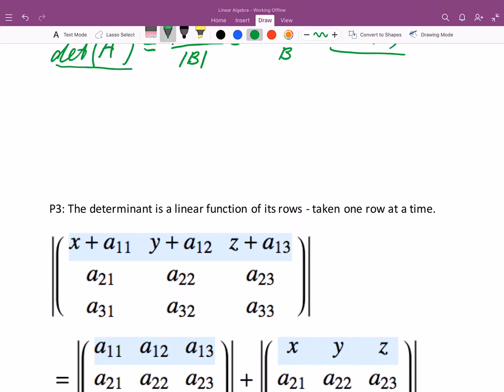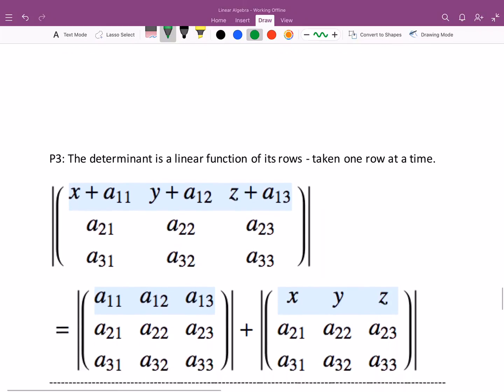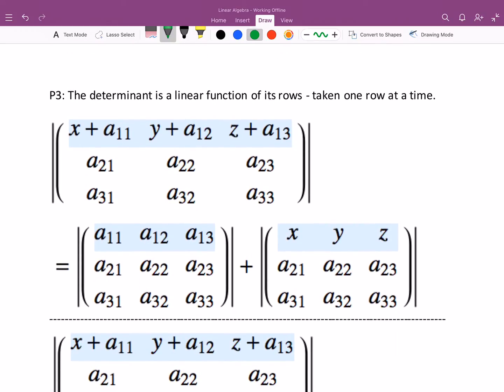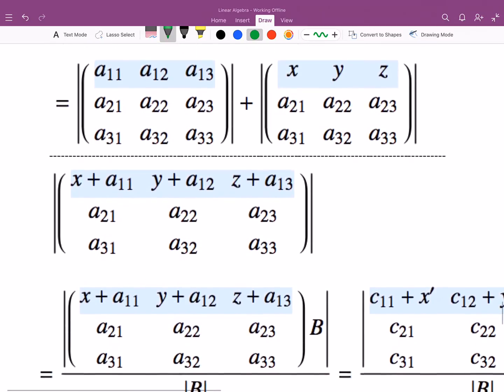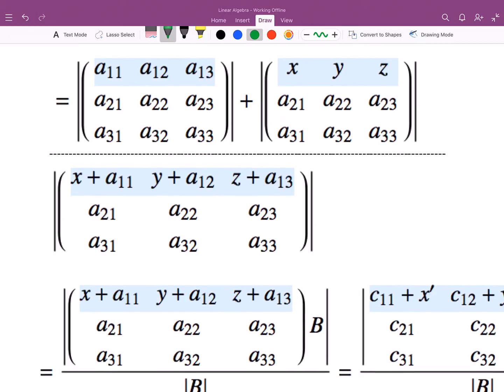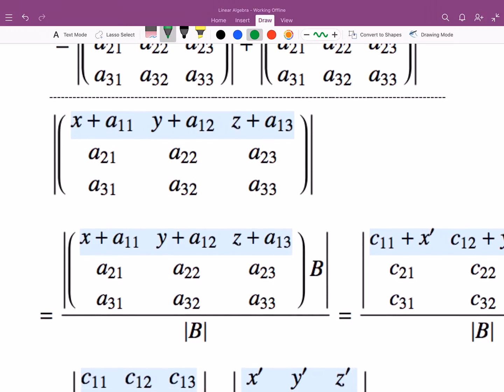Finally, property 3 says that the determinant is a linear function of its rows. Take the A that we had before, and if we add x, y, z to the first row, we could break that up using linearity. Now, when we're multiplying in the formula of AB over B, let's see if we can actually do this.